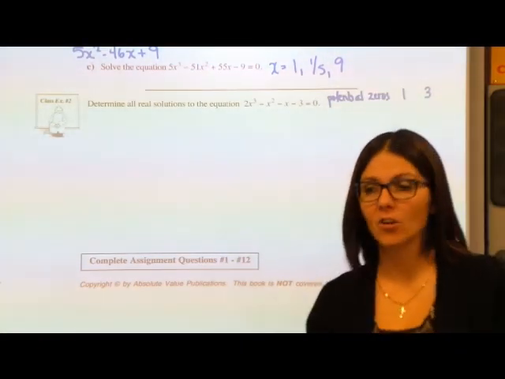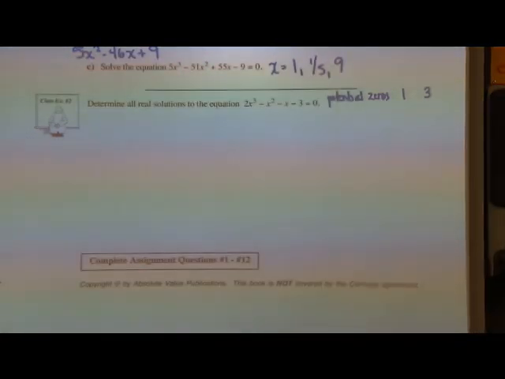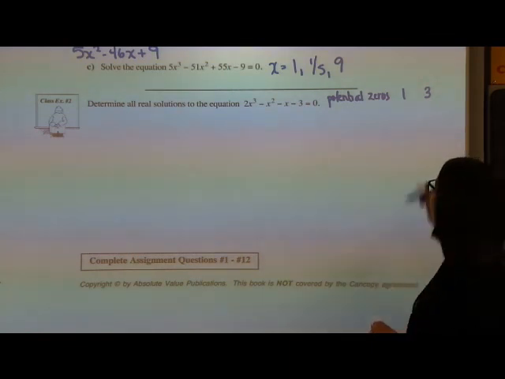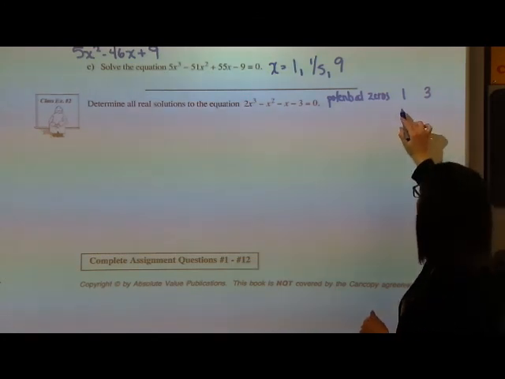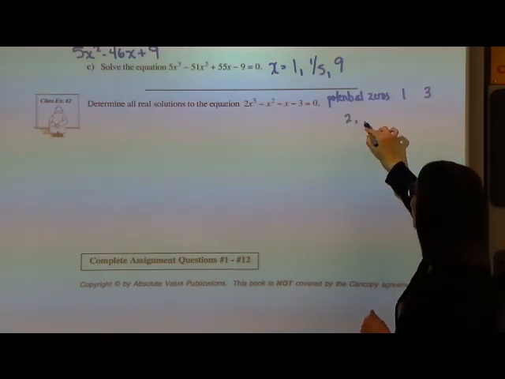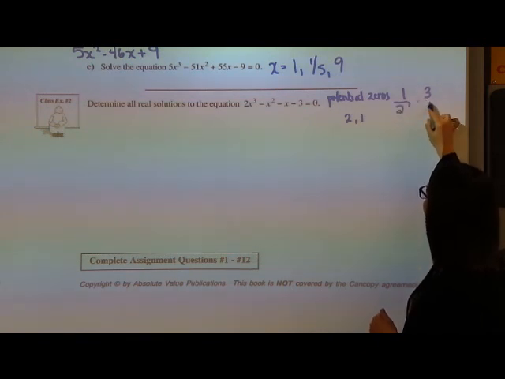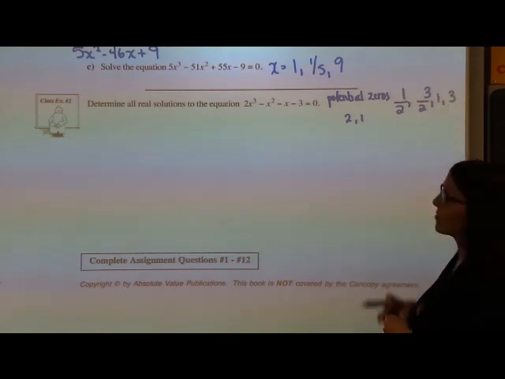My denominator are my factors from what? The leading coefficient, which is 2. So I'm going to have 2 and 1. So my bottoms could be 2 and 1. So that means I'm going to have a 1 and a 2, a 3 and a 2, and then 1 over 1 and 3 over 1.